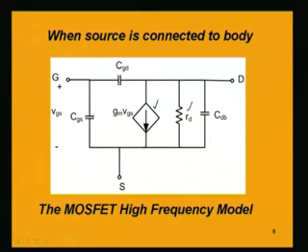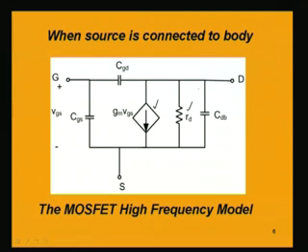Drain to body capacitance, which we have seen, is because of the PN junction which is having the depletion layer. So, this capacitance between drain to body will be there. So, we have extra 3 capacitances in the small signal model.